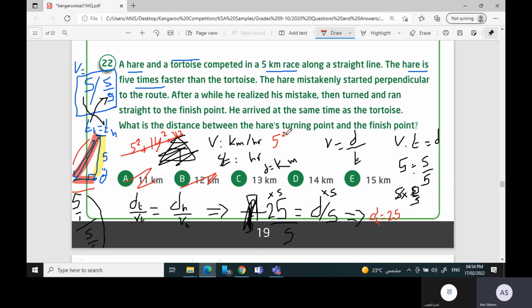So 5 power 2, maybe this one is right, plus 13 power 2. No, 13 is the hypotenuse. So I need to try the other number, which is 12. In order to complete 13 to 25, I need 12. 12 power 2 now is equal to 13 power 2. Okay, so using your calculator, 12 power 2, I got the one here.